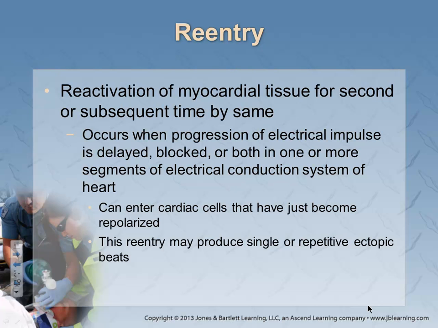So we know that under normal circumstances, whenever the SA node fires, it shoots that electrical stimulus through the whole heart, and each of those myocardial cells are only acted on one time, right? That's what keeps that cascade, that rhythm flowing, is that they each get acted on one time.